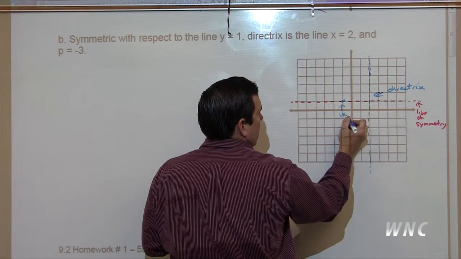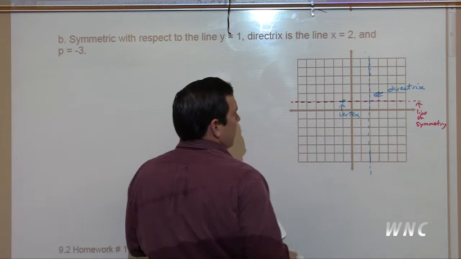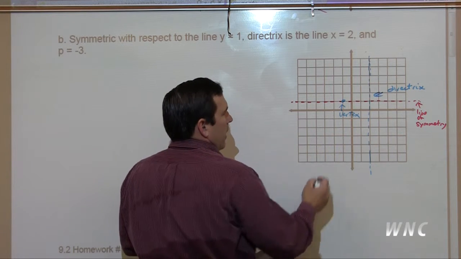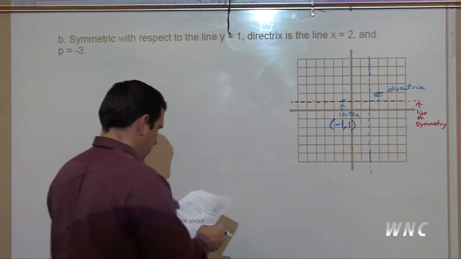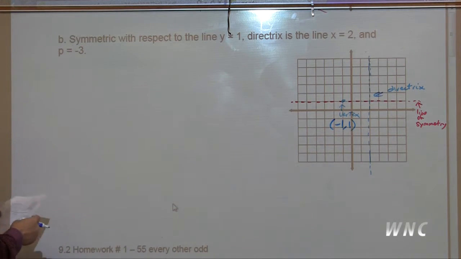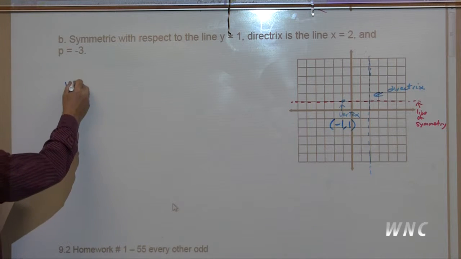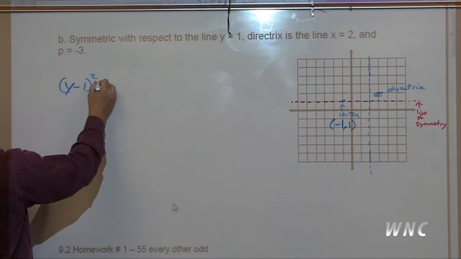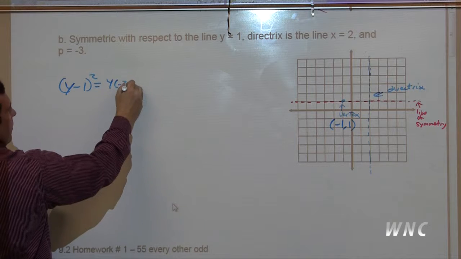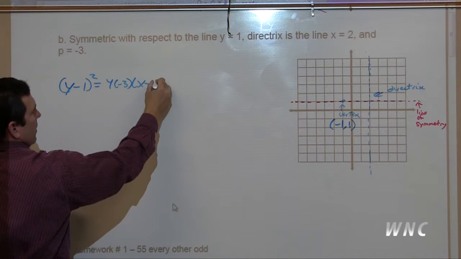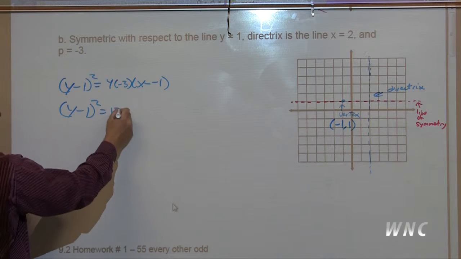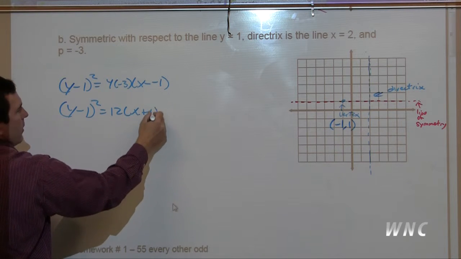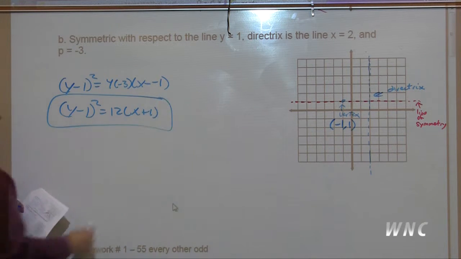Vertex. And that's located at negative 1, 1. That's going to be y minus 1 squared equals 4 times negative 3 times x minus negative 1. Or y minus 1 squared equals negative 12 times x plus 1. There we go.